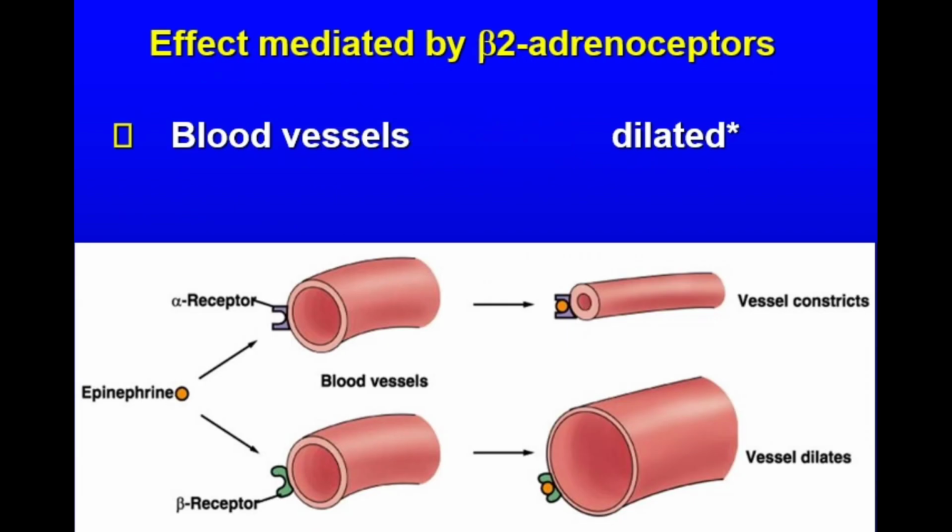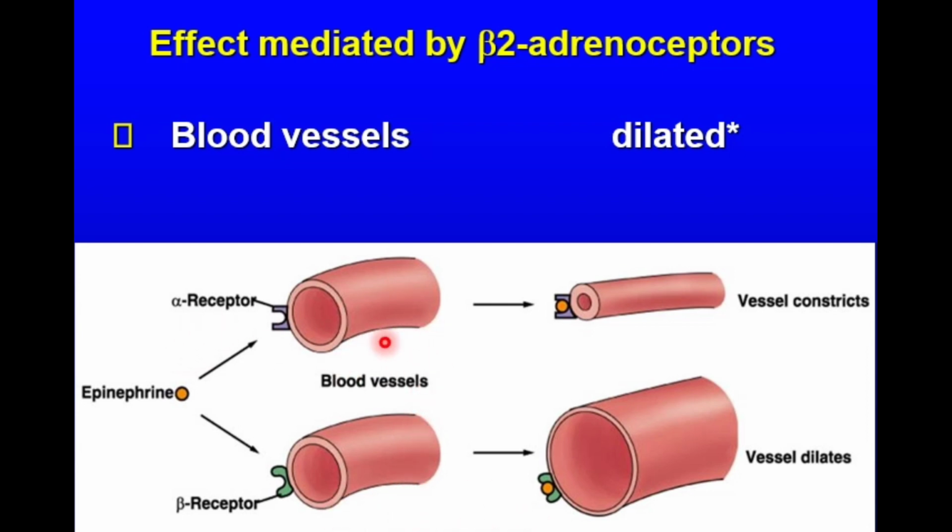Beta-2 adrenoreceptors are also found on vascular smooth muscle. The smooth muscle of blood vessels is arranged circularly around the lumen.